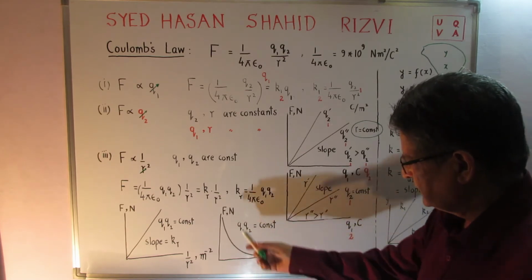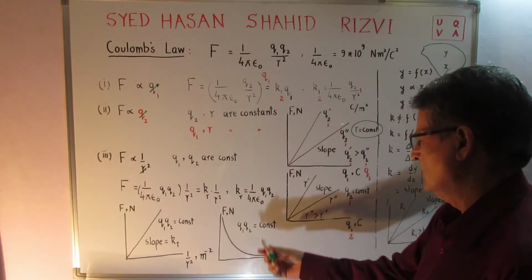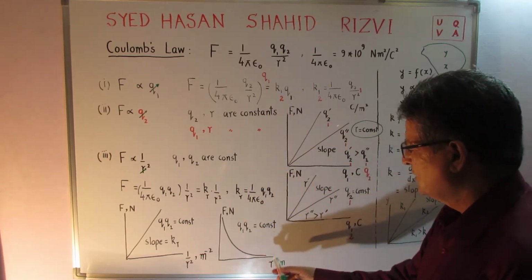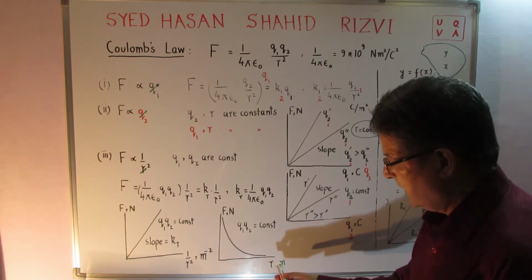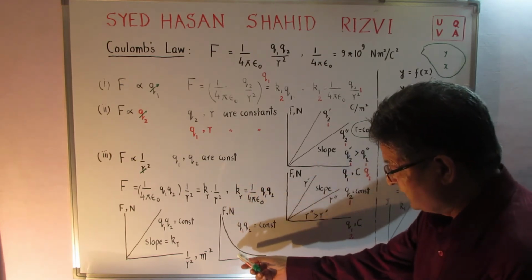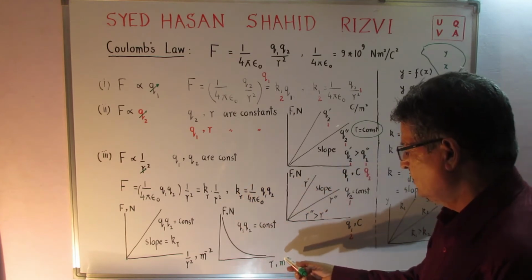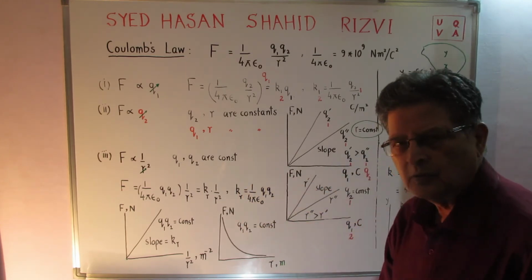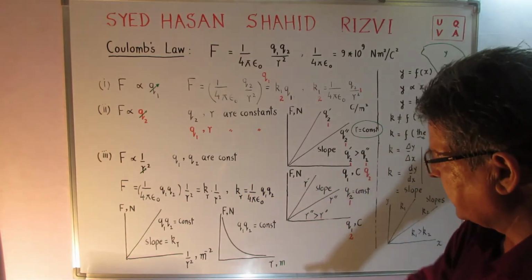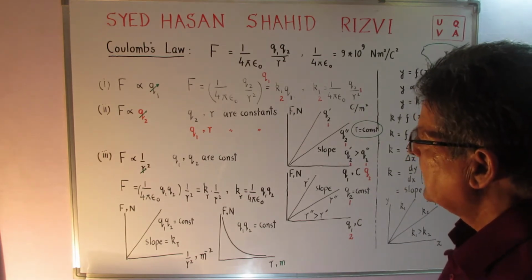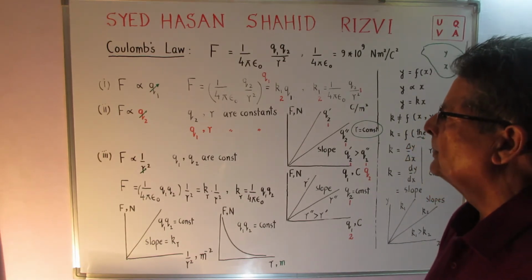This graph is similar to the graph where y is proportional to 1 upon x. The only thing is that this falls faster than y proportional to 1 upon x, and here I take x like that.